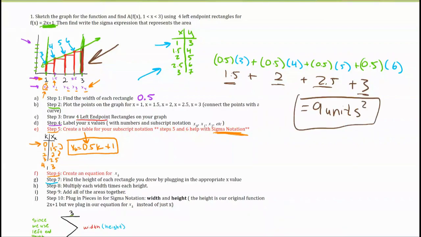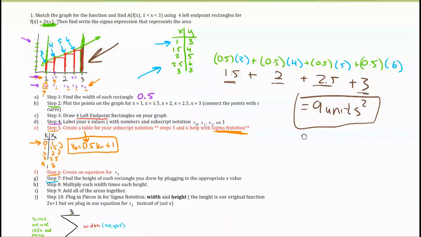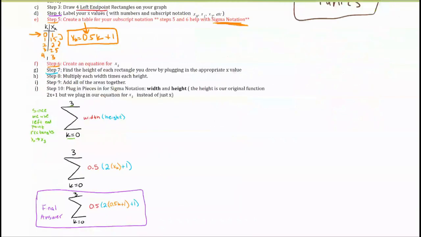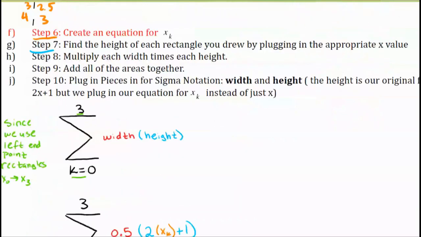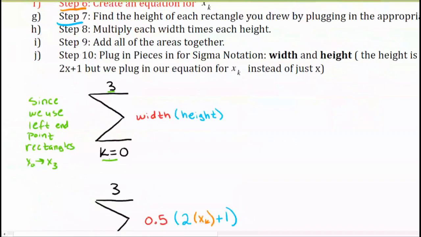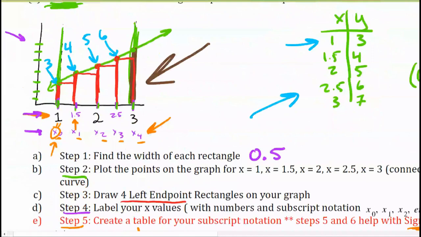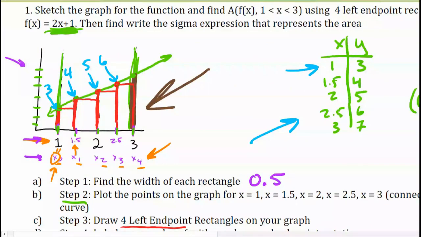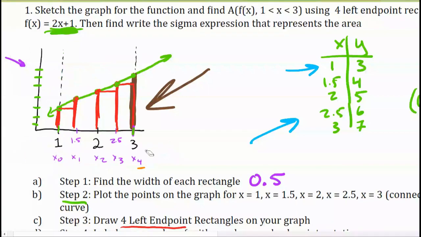Okay, for step 10, plug in pieces for sigma notation, width and height. And I'm going to talk through this because I have this one actually already done for you. So for sigma notation, what you've got to know is that when we're using the left endpoint rectangles, we're always starting at k equals 0. If you notice here, let's erase some of this to give me a better view.